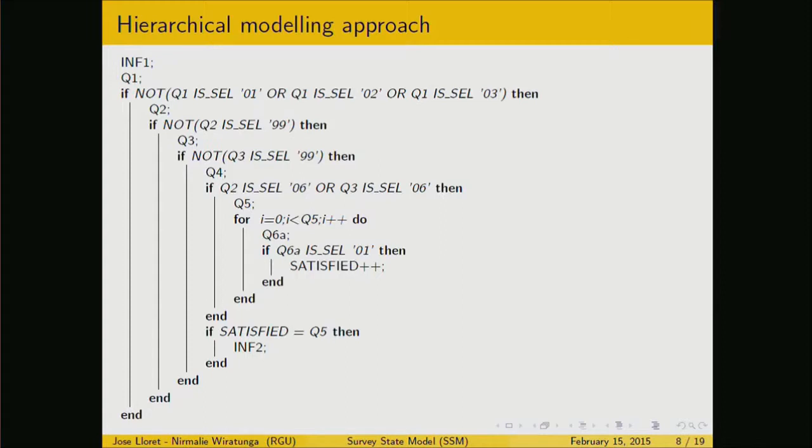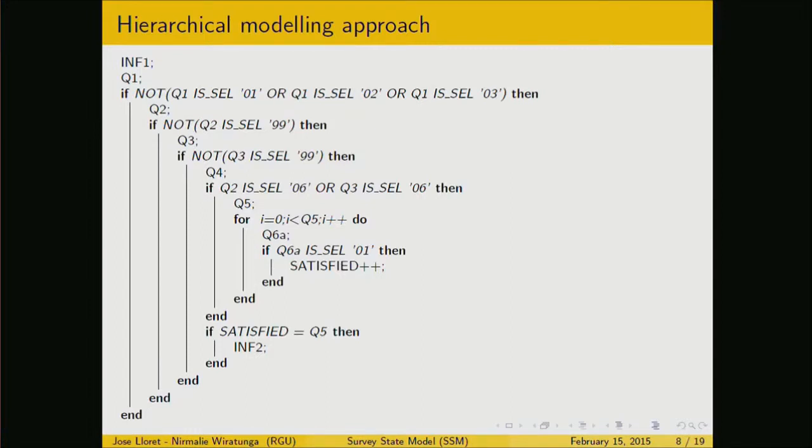In terms of matching design and model, the hierarchical modeling approach says that instead of using a skip, you can use filters to avoid the skips in the questionnaire. Indeed, it's true, because you just need to negate the logic from the go-tos on the skips, and you get the same. But the designers of questionnaires usually are not programmers. So I think for them it could be difficult to understand that it's the same logic reversed.